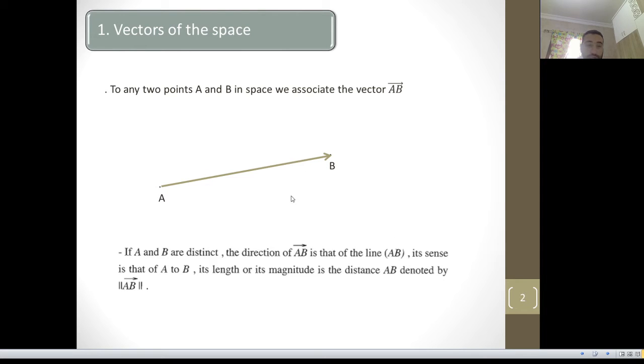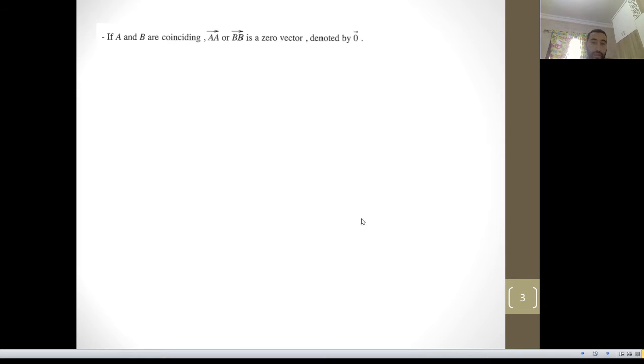The sense is from A to B, and the magnitude is the distance from A to B, and it's denoted by magnitude AB. The distance AB is written like the absolute value, but with 2 dashes here, AB. Okay, so these are the characteristics of any vector in space or in the plane.